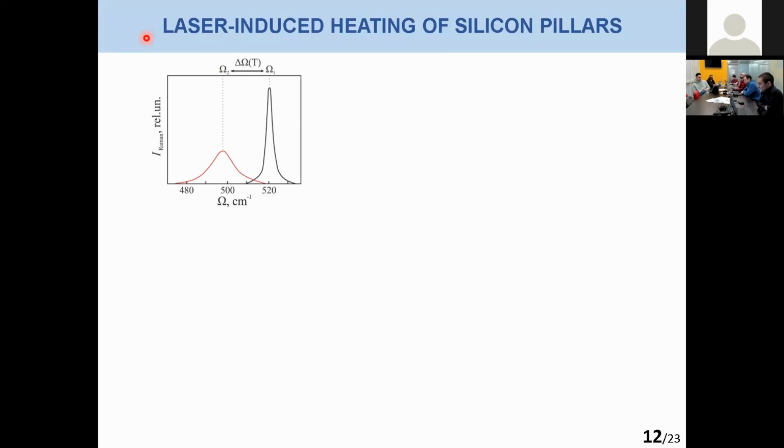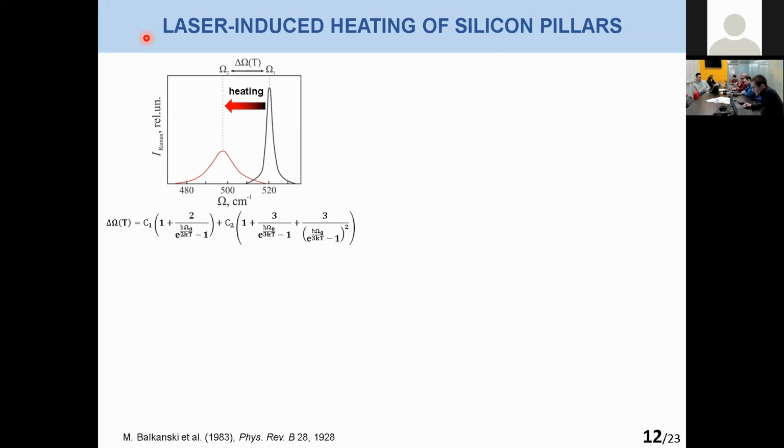Thermometry features were studied with the help of the intrinsic silicon Raman band, which corresponds to a phonon mode of its crystal lattice, and the resonant frequency of which depends on temperature.